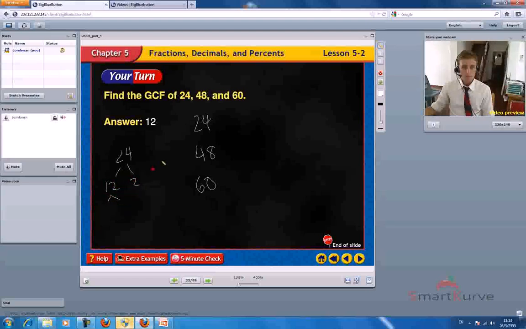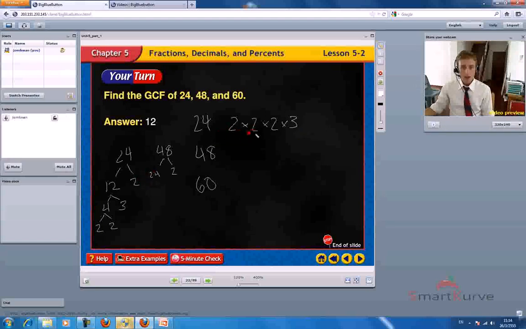So prime factorization of 24 would give us 12 times 2. 2 is the prime, so we know it's 2 times. 12 is 4 times 3. 3 is prime. 4 is 2 times 2. So it's 2 times 2 times 2 times 3.